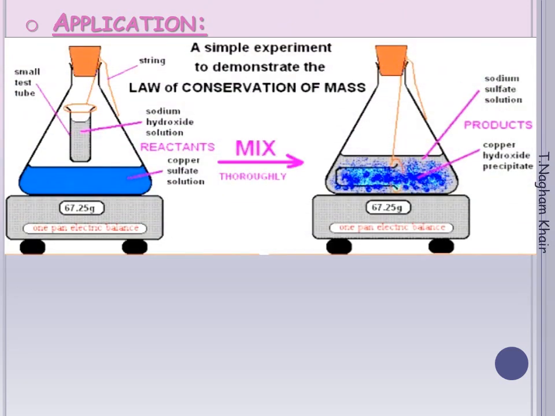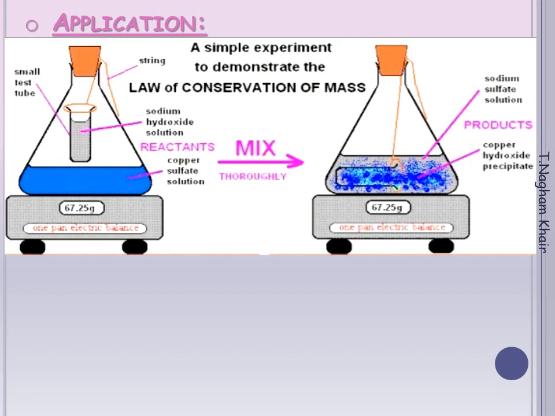Application. Here we are putting on a balance sodium hydroxide and copper sulfate solution. The total mass of the reactants, which are sodium hydroxide and copper sulfate, is 67.25 grams.